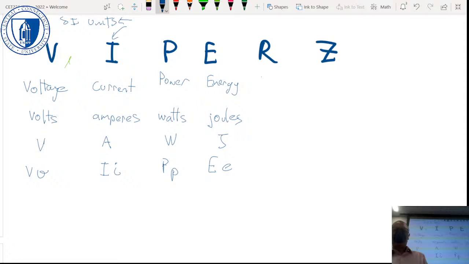The difference between the omicron and the omega is omicron is little o and omega is big O. Okay. So there's an omega, and I usually use just capital R for the variable.